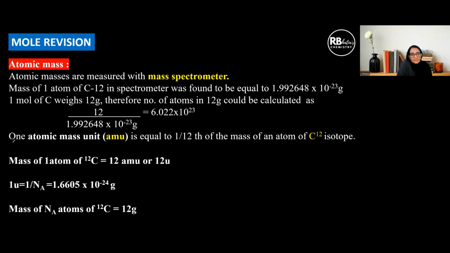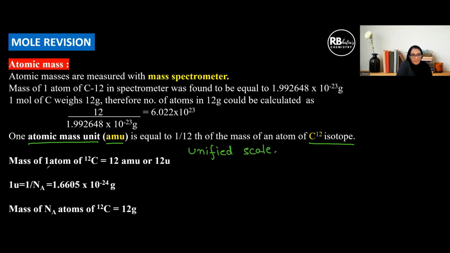Now, further, since atomic masses are very, very small in magnitude, a smaller unit was required to express atomic masses. So, based on the C12 isotope, the scale that was chosen to describe atomic masses was called the atomic mass unit scale, the AMU scale, which is called the unified scale in the present form.